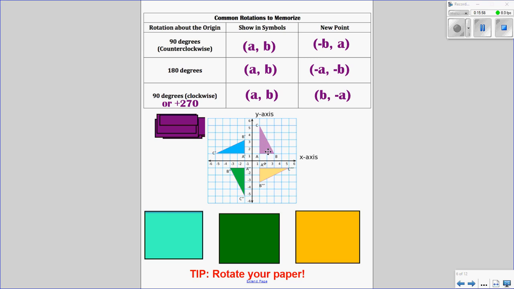Let's say you took this purple triangle, and I asked you to turn it 90 degrees counterclockwise. So you're going in this direction. What you could do with that paper is rotate that paper 90 degrees, one turn to the left, in that direction.